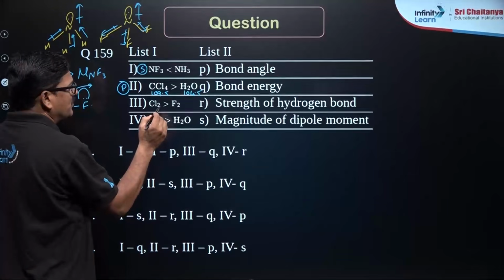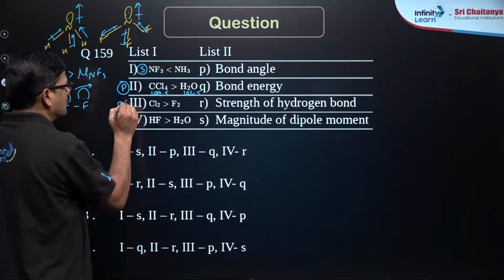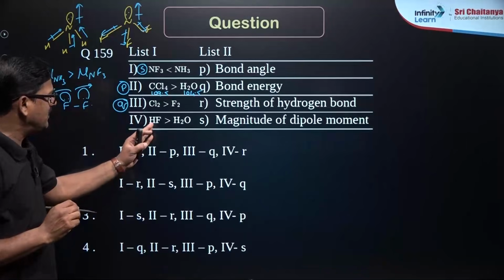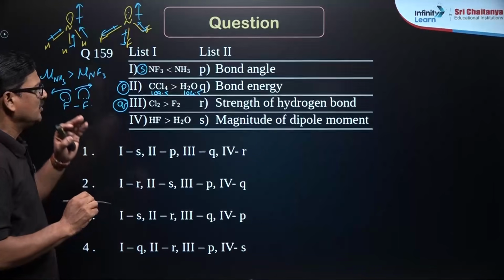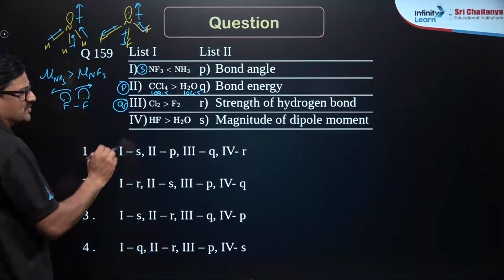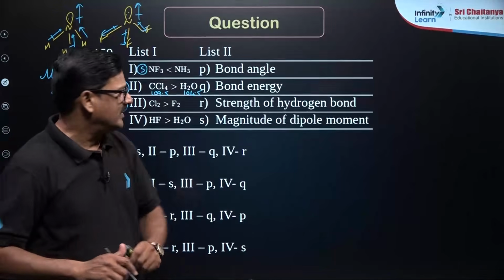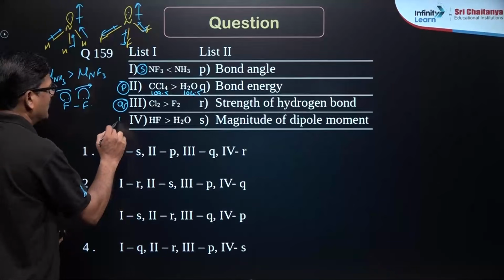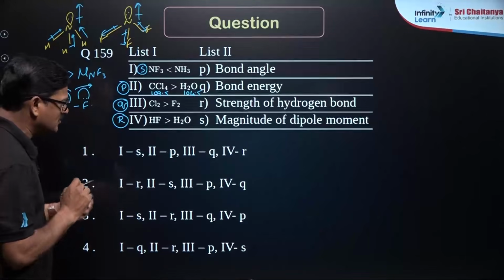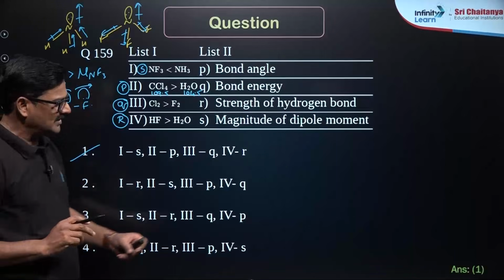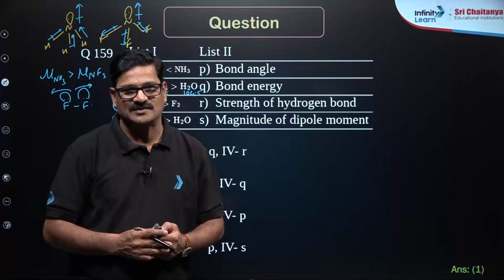So, I just want to say bond dissociation energy Q. And HF and H2O, strength of hydrogen bond is directly proportional to the electronegativity. So, strength of hydrogen bond is going to be like this. Based on that, I want to say option 1 is the correct answer for this question.